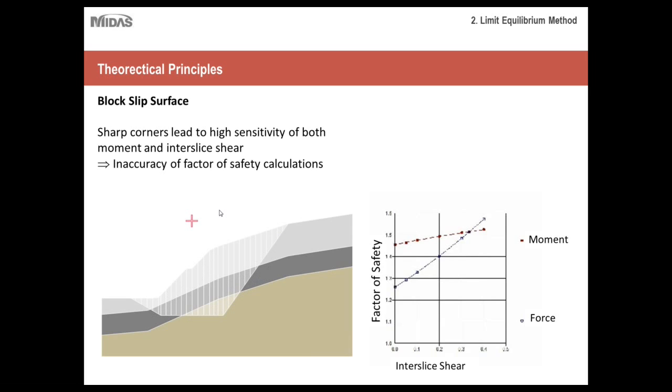But an important thing to remember is that block slip surfaces need to be used with caution, because they're not typically the shapes that occur when slope failure happens. So if you ever do use a block slip surface, you need to make sure it's a reasonable assumption that your slope would fail in such a manner. And once again, that depends first and foremost on the material, as well as the way your forces are oriented on the slope itself.